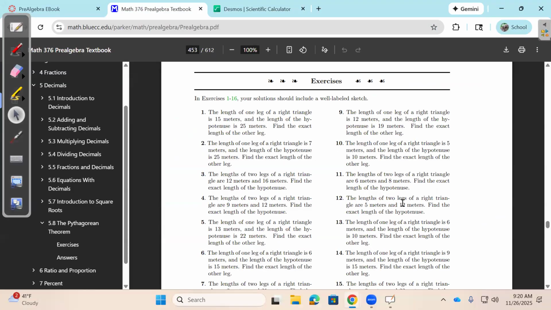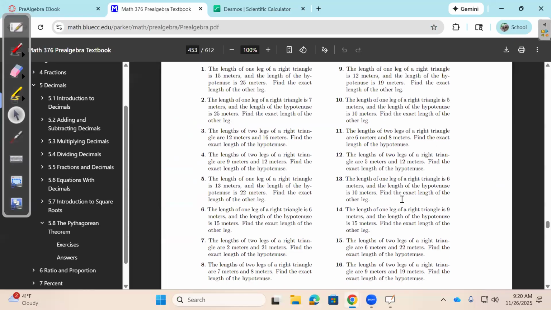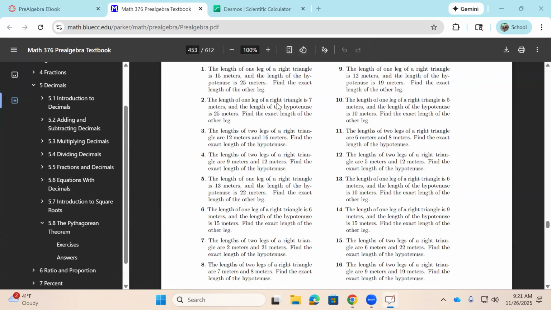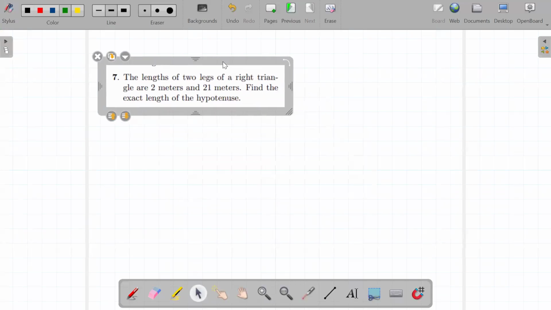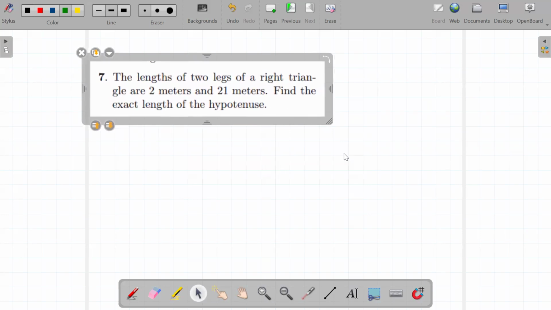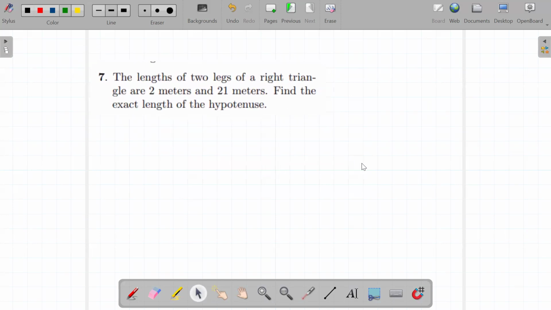Let's look at number 7. This is again a problem from section 5.8 of our book.